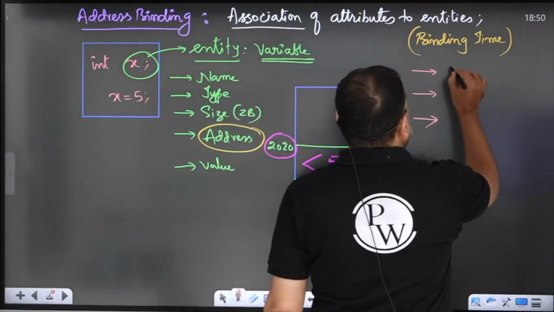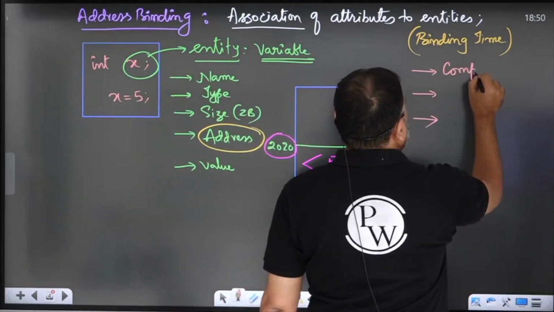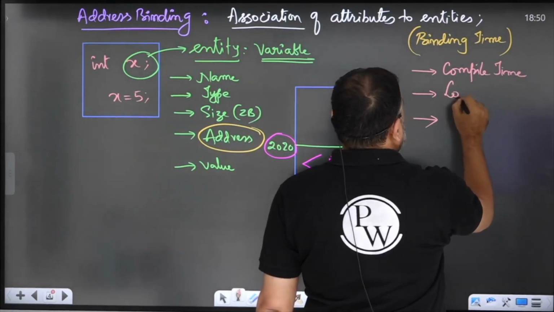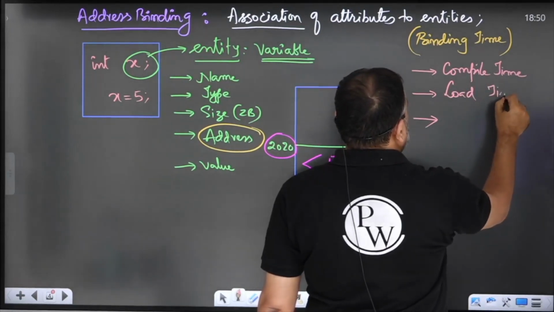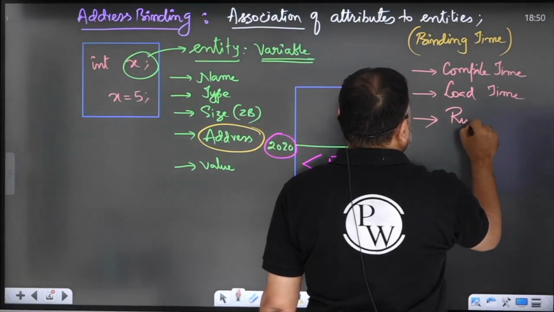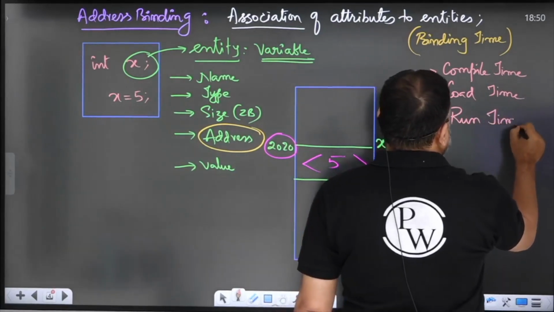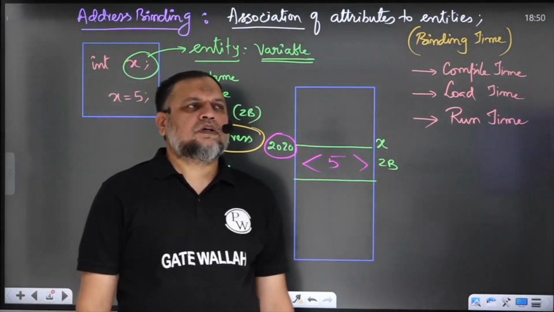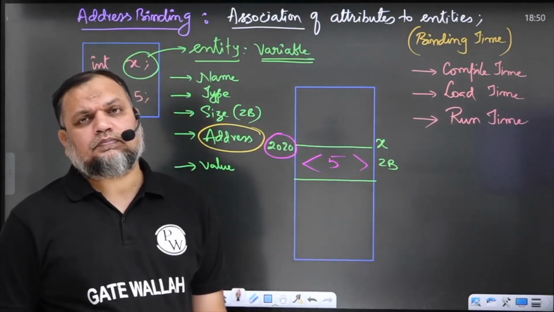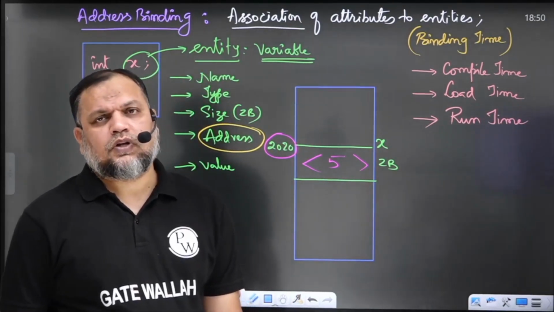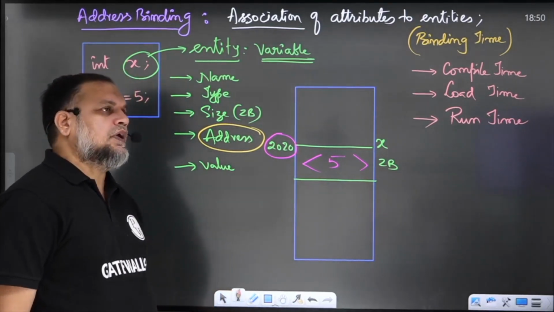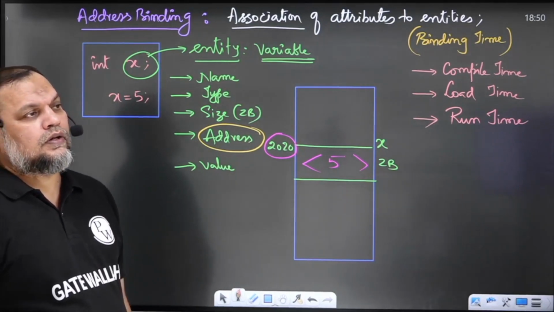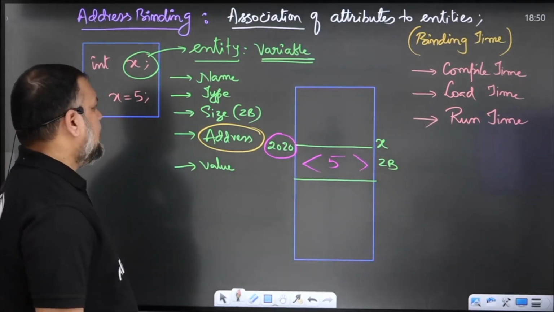The first time that it takes place is compile time. Load time next. Last will be runtime. Compile time, load time, and runtime. Some binding takes place during compile time, some during load time, some during runtime. Come on, let us understand.